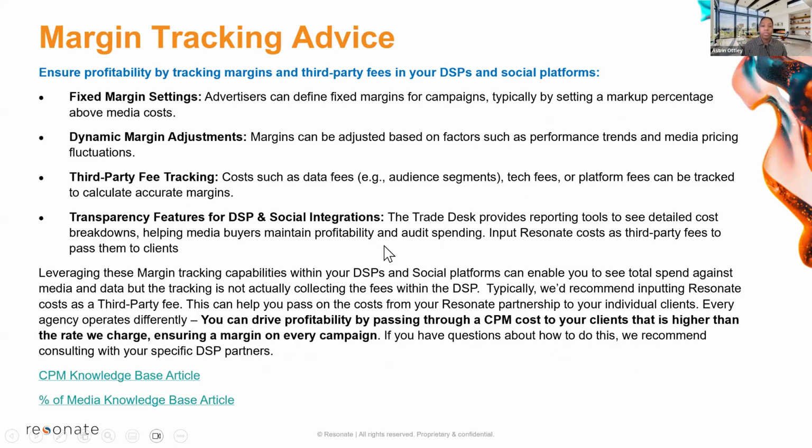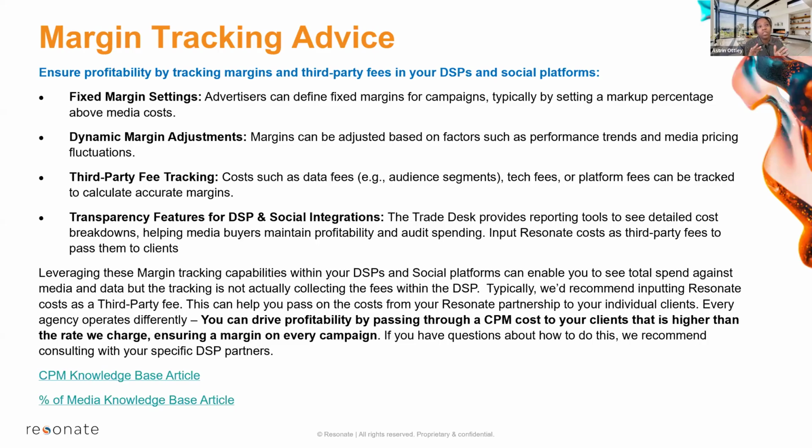So then lastly, we want to talk about margin tracking advice. This is helpful when you are managing your campaign in the DSPs and you are thinking about third-party fees, also in social platforms. So you do have fixed margin settings. This can be done in various DSPs or social platforms. Really, in short, you can reserve the costs associated with the audiences.